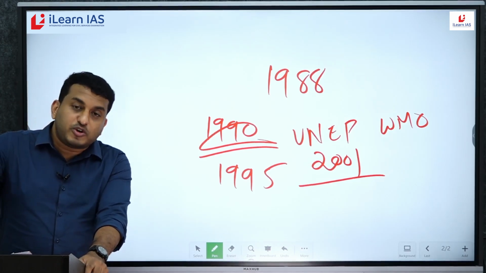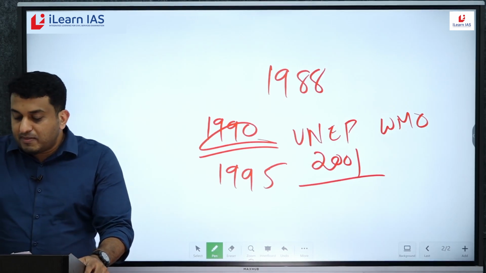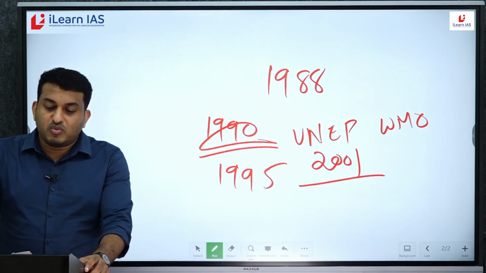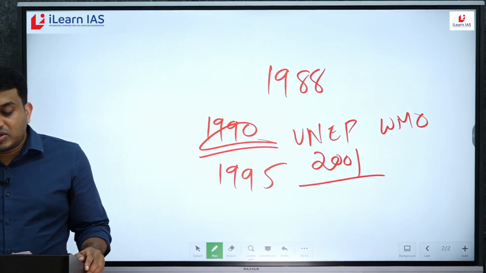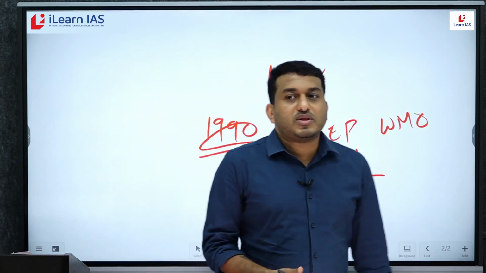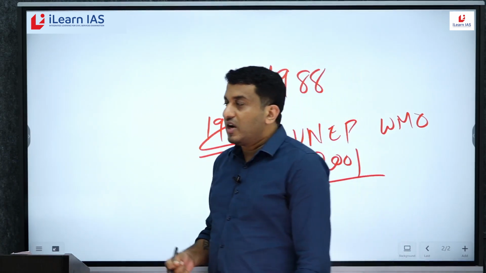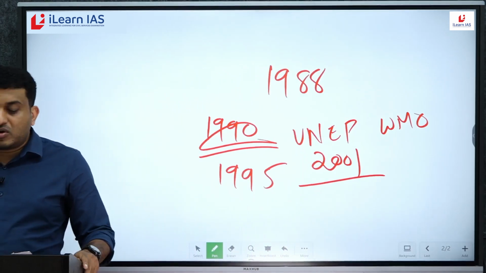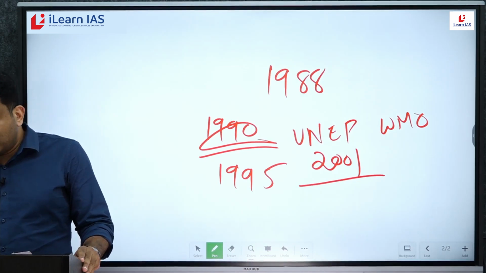Working group 2 publishes the report on the impact and the vulnerability of climate change. And working group 3 works with respect to the mitigation efforts for climate change. So report 3 is basically talking about the mitigation of climate change.